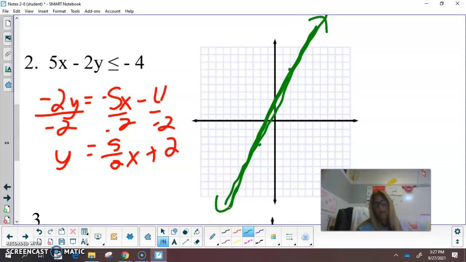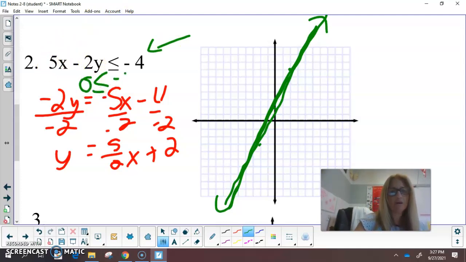Now we have to test our points. Does this go through 0, 0? No. So where am I going to test 0, 0? In the original inequality. 0, 0 is so easy because 5 times 0 minus 2 times 0 is 0. Is 0 less than or equal to negative 4?